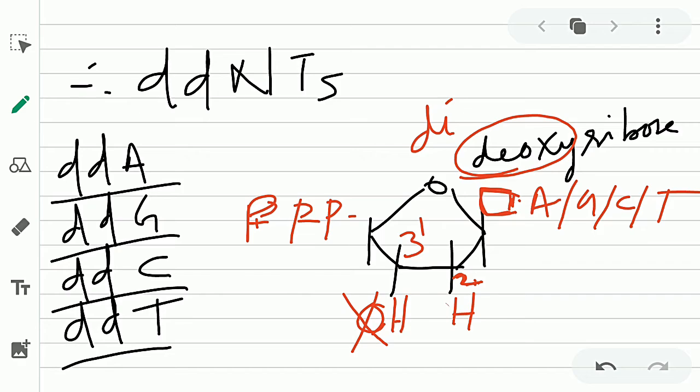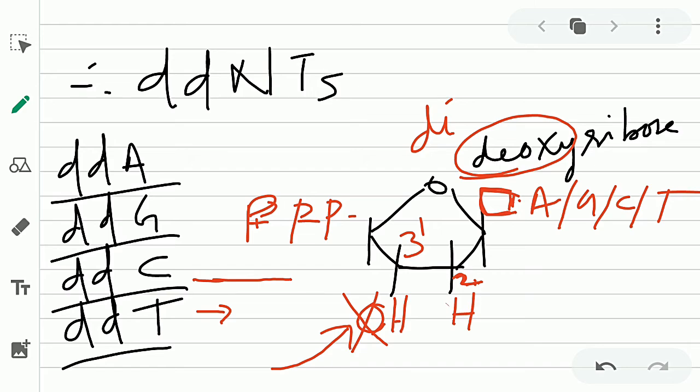When this oxygen is removed, in the process of DNA polymerization, when a new strand of DNA is synthesized, a new nucleotide is added to this end.